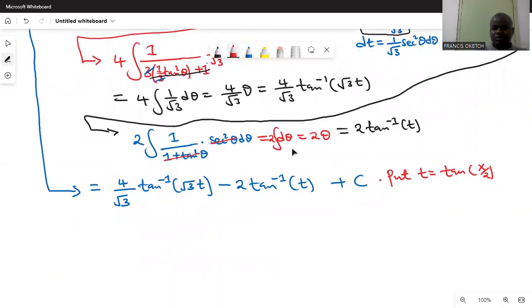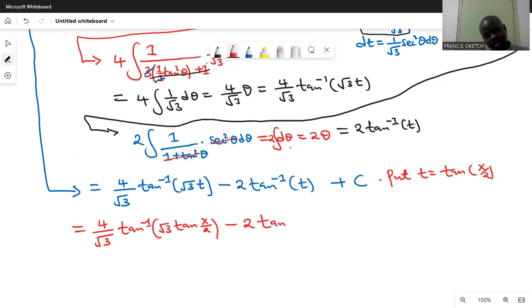So let us substitute that one. That will give us 4 over root 3 tan inverse of root 3 tan x over 2, then minus 2 tan inverse of t, which is tan x over 2, then plus c.